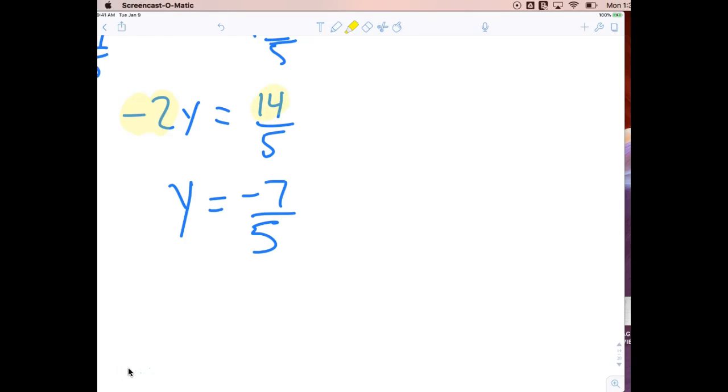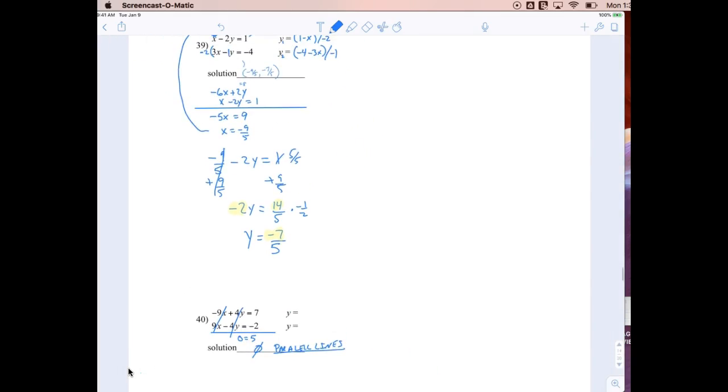So 14 divided by -2 happens to be -7. Or you could say I'm multiplying by the reciprocal, times -1/2. And 14 divided by 2 is 7, so -7/5. So now I have the solution.